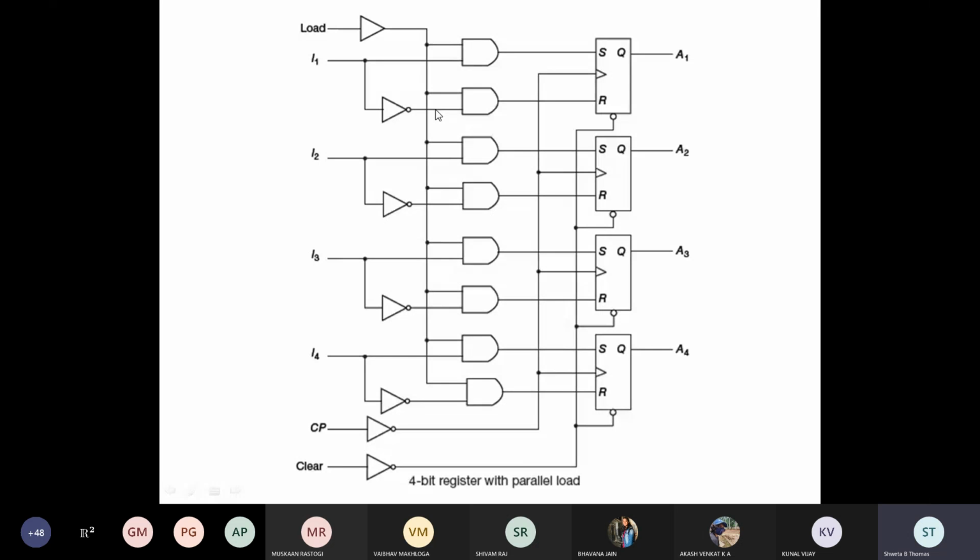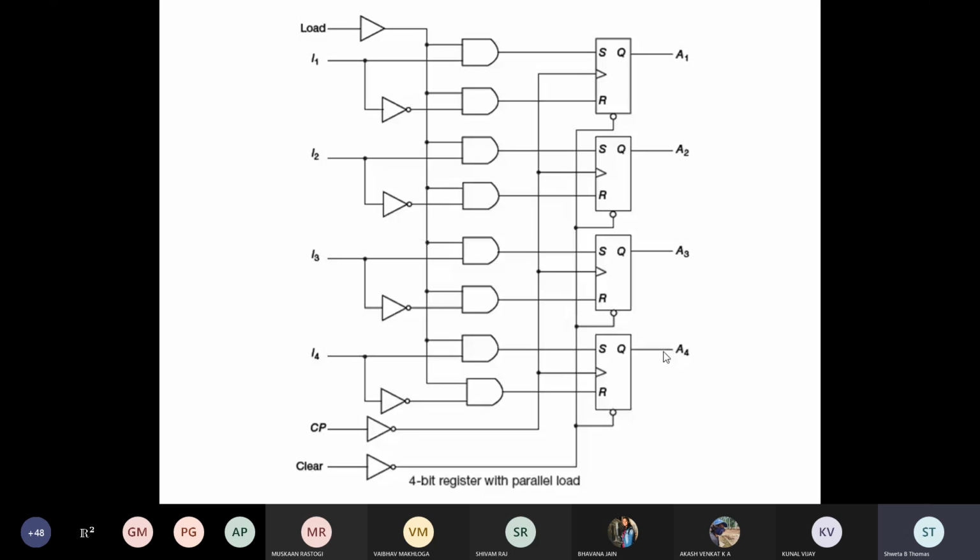That means we can control input information with the help of the load input. When the load input is 0, then whatever the values of I1, I2, I3, I4, the inputs S and R will be equal to 0. That means it is the no change state. Whether I1 is equal to 1 or 0, it doesn't matter. That means indirectly it helps to control the input values of S and R. So this is actually the working of the load input.